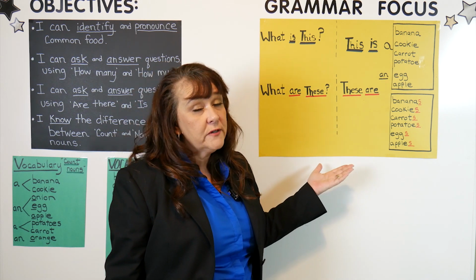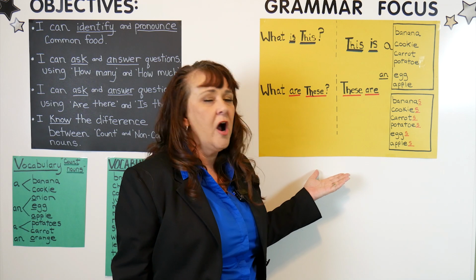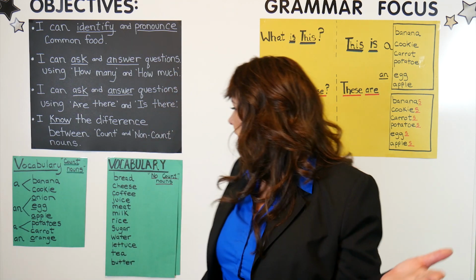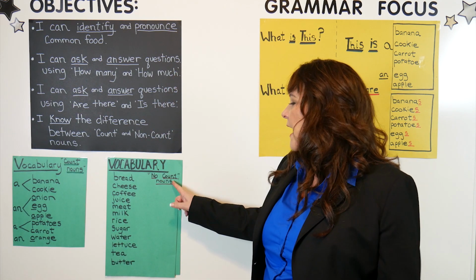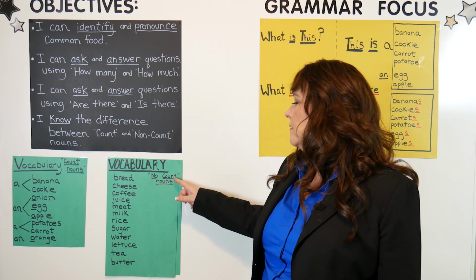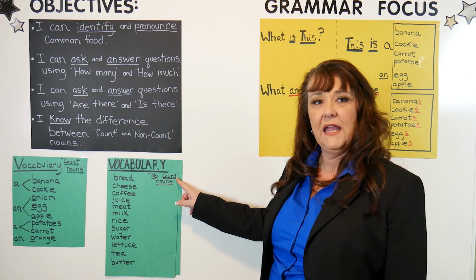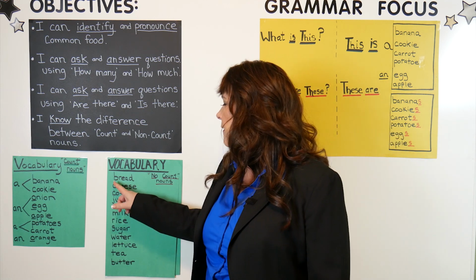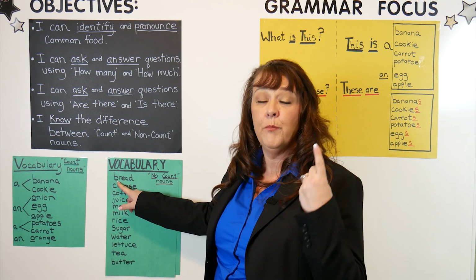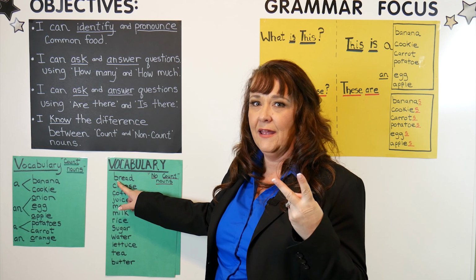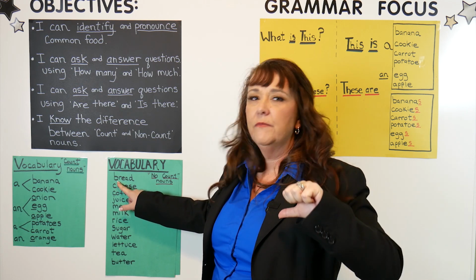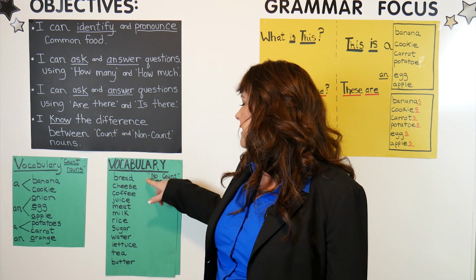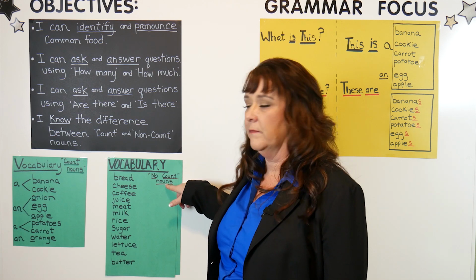But there are different types of nouns that are not count nouns, and we call them no count or non-count nouns because we can't count them. For example, we don't say 1 bread, 2 breads. No, because bread is a no-count noun.